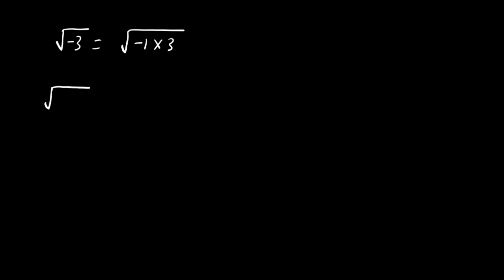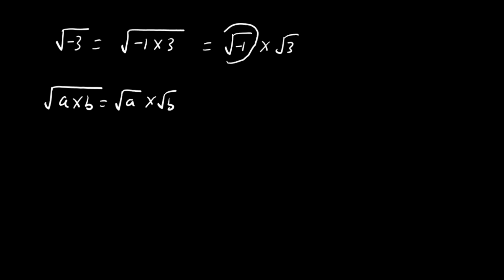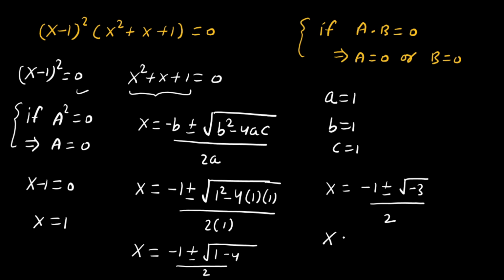And here if we apply this rule, square root of (a times b) is equal to square root of a times square root of b, then we get square root of -1 times square root of 3. And the value of square root of -1 is iota. So it is square root of 3 times i. So here x = (-1 ± square root of 3 times i) divided by 2.